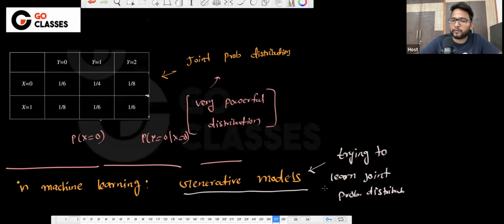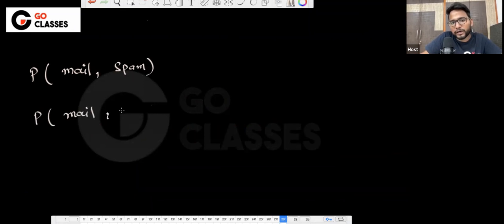So what do I mean by that? For example, suppose you have a joint probability distribution of spam mails. Suppose you know this joint probability distribution for any mail, and whether it is spam or not spam. You can calculate, for any mail, this probability or this probability, whether it is spam or not spam.